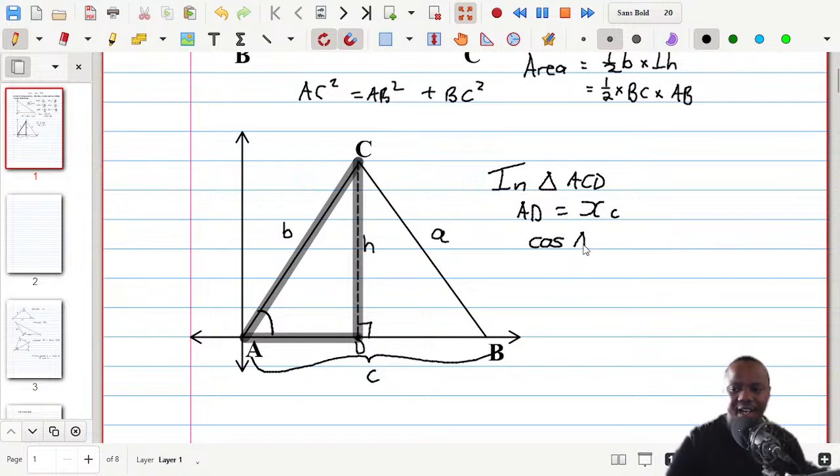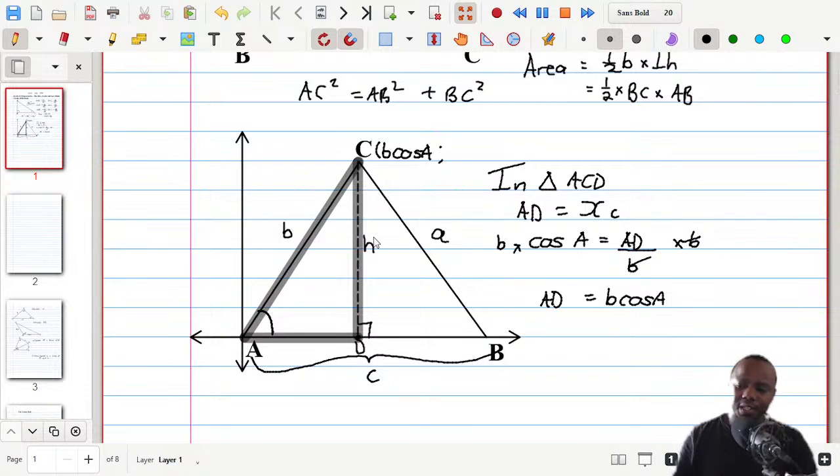So cos of A is equal to the adjacent, AD, over the hypotenuse, which is B. To solve for AD, I need to multiply both sides by B. This is going to cancel this. I'm going to have AD equals B cos of A. So my x-coordinate of C is going to be B cos of A.